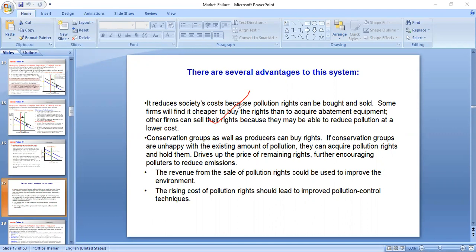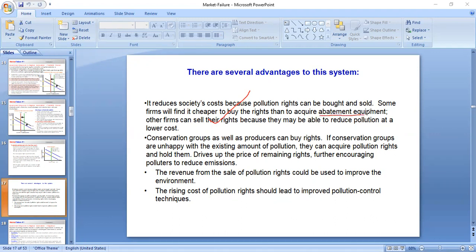So selling the permits is actually selling rights to pollute, right? And at the end of the day, this might be cheaper than these farms buying pollution abatement equipment.